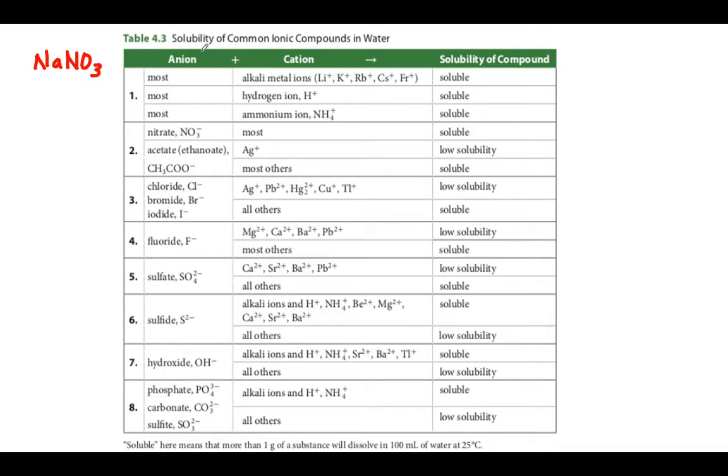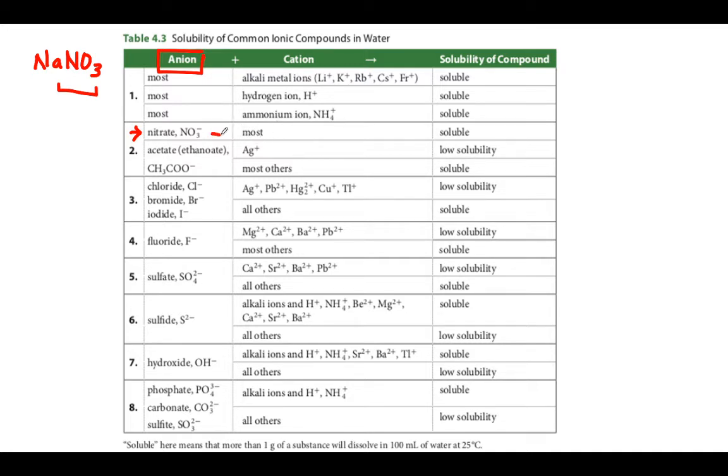You have to first start with the anion. And the anion in this case is NO3. So let me try and find which category NO3 falls under. If you see here, I've got NO3 right here. And I have to follow that line to try and determine where my metal falls in that category.